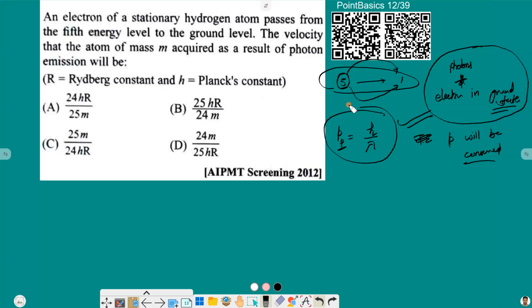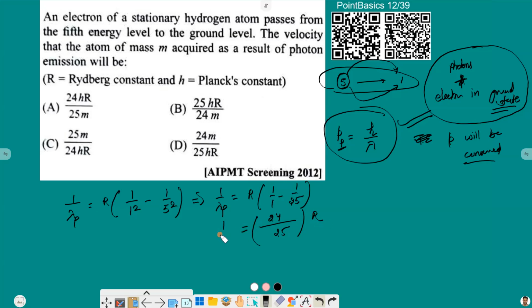We know that a transition is happening, and for this type of transition, we can write that 1 by lambda_p will be equal to Rydberg constant R, because it is happening in hydrogen atom, times 1 by 1 squared minus 1 by 5 squared. So from this, 1 by lambda_p will be equal to R into 1 by 1 minus 1 by 25, which gives 24 by 25 times R. So the momentum carried by the photon p_p will be equal to h by lambda.